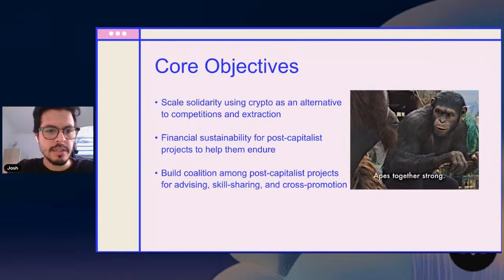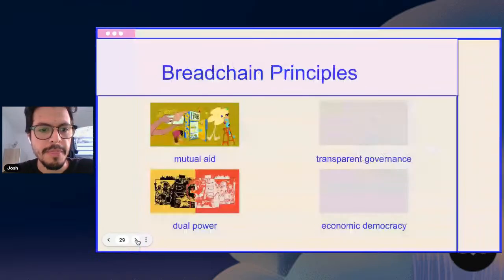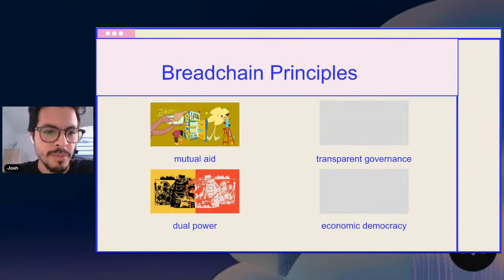So if we go to the next slide. Just to say quickly, we have 4 different primitives that we outline. 2 of them so far have articles that go into more detail on our Mirror blog: mutual aid and dual power, which are the 2 we've written about so far, and then transparent governance and economic democracy.